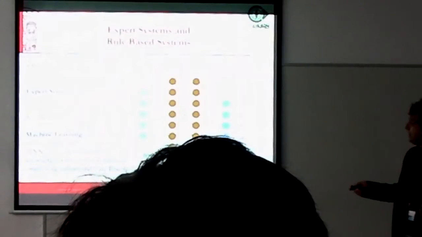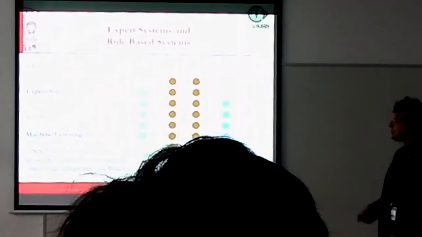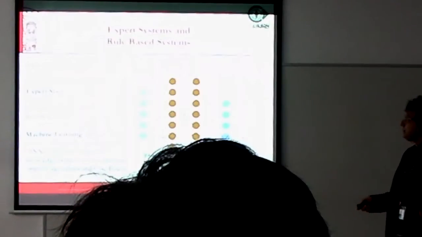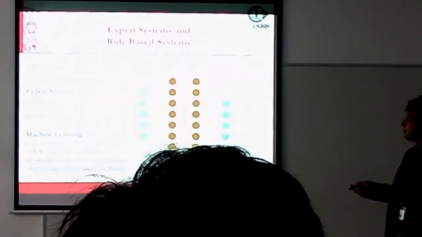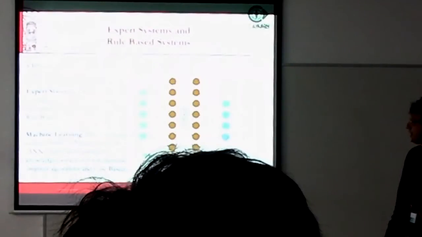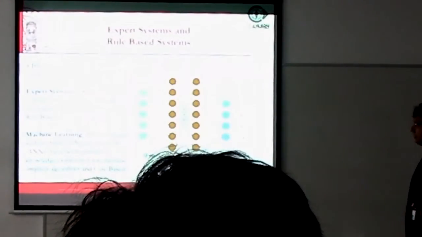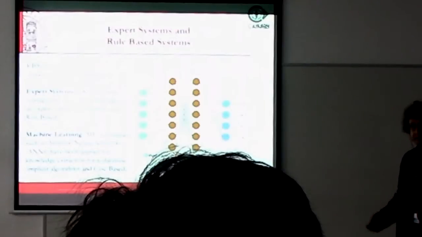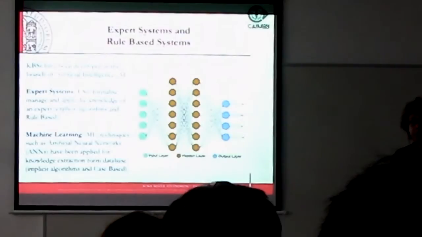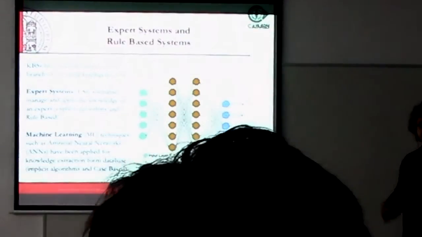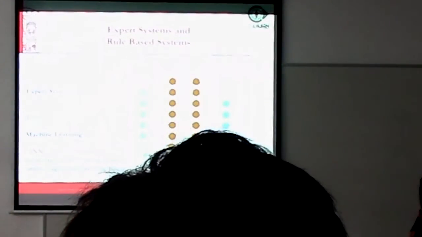This system includes a branch of artificial intelligence, but for example, the expert system just formalizes, manages and applies the knowledge of an expert. It means that explicit algorithm and rule-based are the focus of this system.